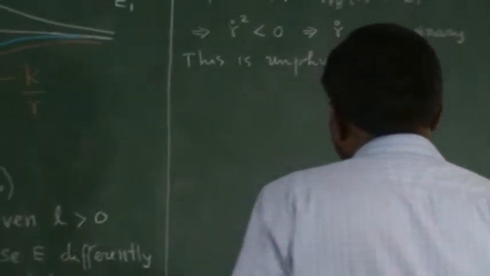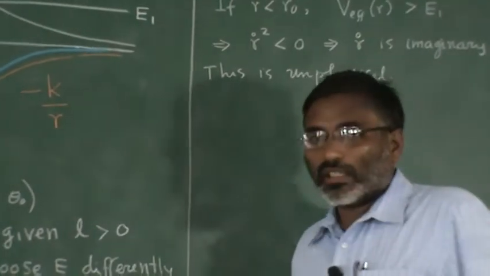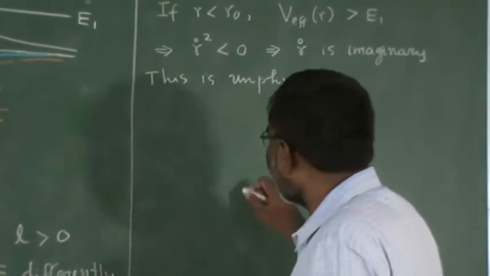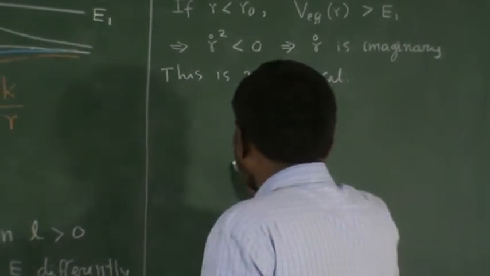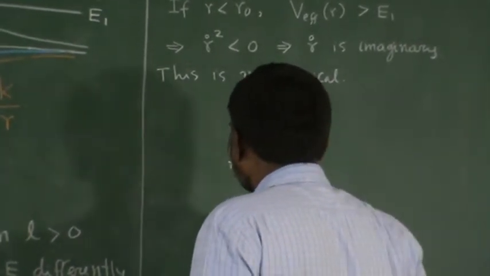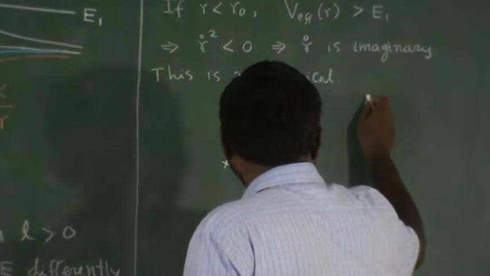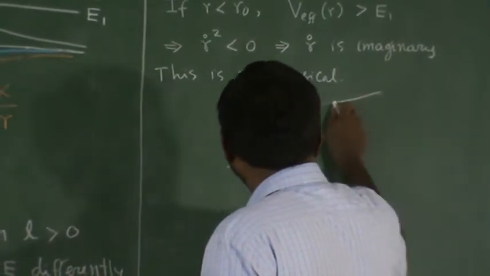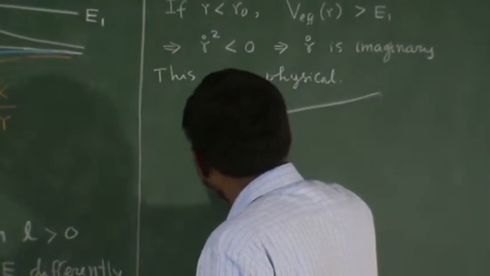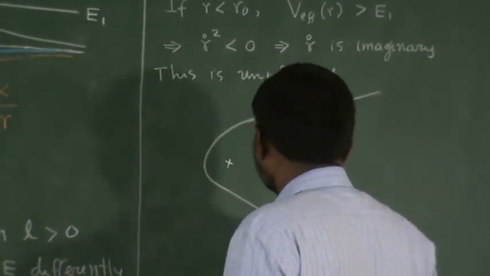So how will the trajectory be for this kind of situation? Suppose this is the force center, the center of force. Then some particle can come from infinity and then go off to infinity.